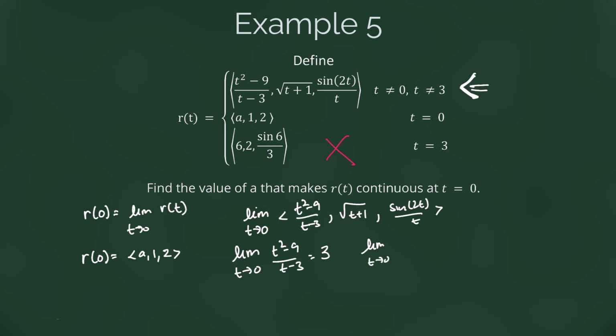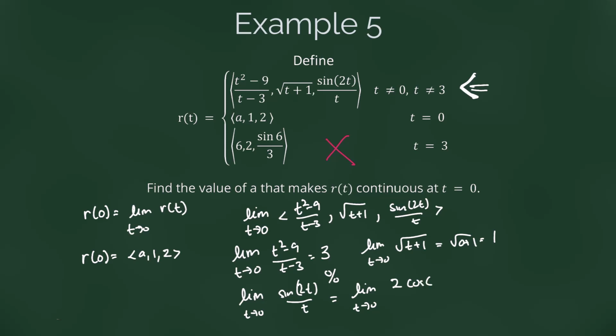Similarly, the limit as t approaches 0 of the square root of t plus 1 is going to equal the square root of 0 plus 1, which is 1. And then the limit as t approaches 0 of the sine of 2t over t, that's an indeterminate form. So we use L'Hopital's rule, and we get 2 cosine of 2t over 1.